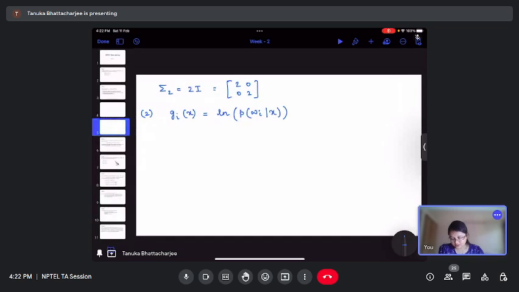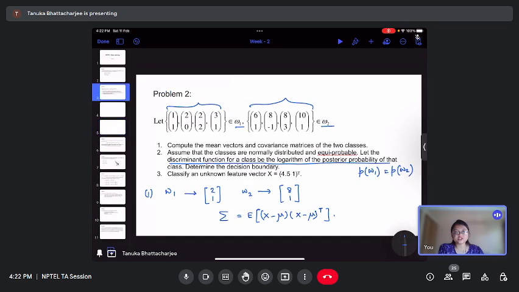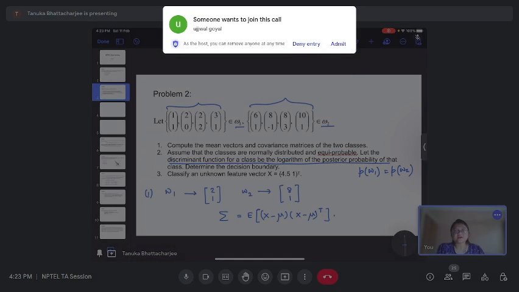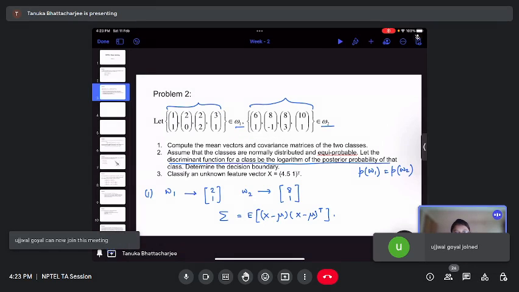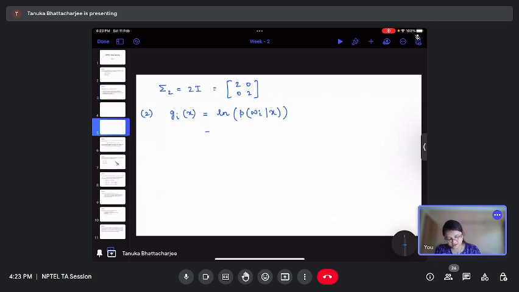Here this posterior probability information is not known, as Mani was saying in the previous first problem, that for the posterior probability we need the prior information. So here it is said that both the classes are equally probable, so we know that the prior probability is half, and we have been given the class conditional density, as it is said that the classes are normally distributed. So we know both those pieces of information. We can simply use them here, and using Bayes rule, as we did in our last session also, we can just write it like this.